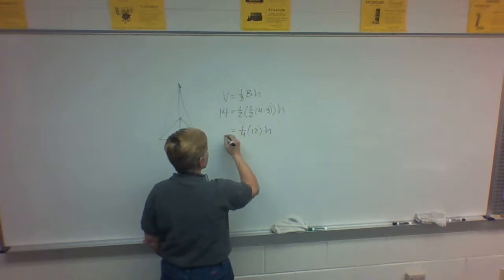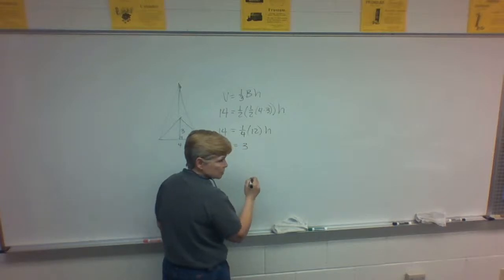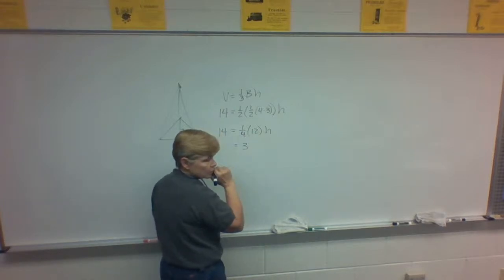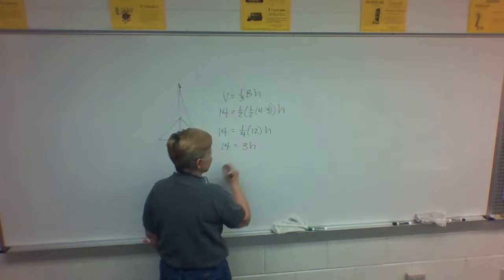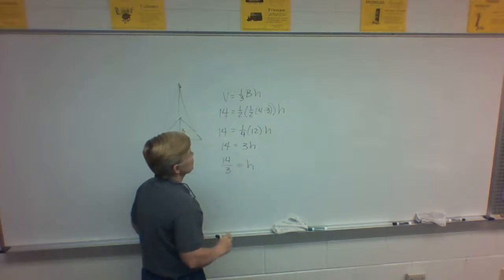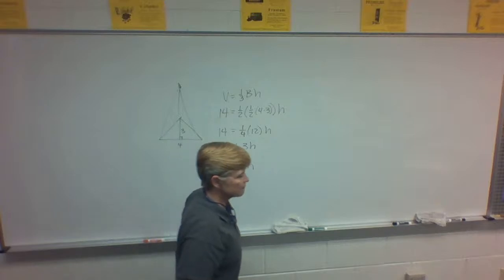So I did a little bit of cleaning that up. 1/4 of 12 happens to be 3. You okay with that? I'm just multiplying again. And I got a 14 over here. So we get an ugly height that's 14/3 when you divide. But you just keep cleaning up the arithmetic until you can solve for h by division right there.